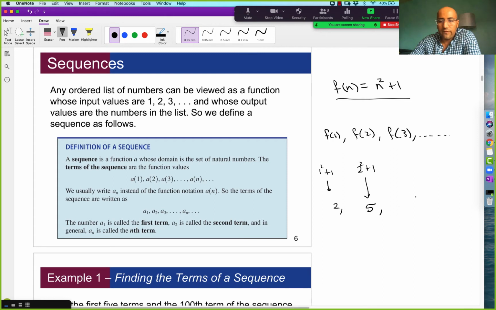Then the third one on the list, 3 squared plus 1, is going to be equal to 10, comma, and then dot, dot, dot. It's kind of silly that we use the same letter, but then we'd say the nth one on my list would be F of n, and then it is n squared plus 1, so we could say comma n squared plus 1.